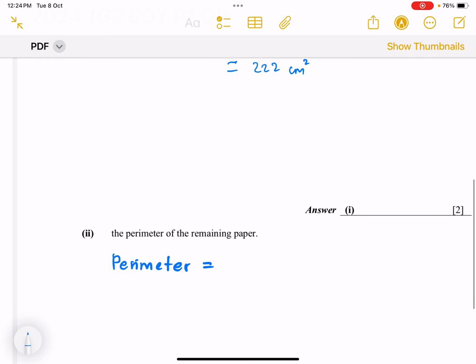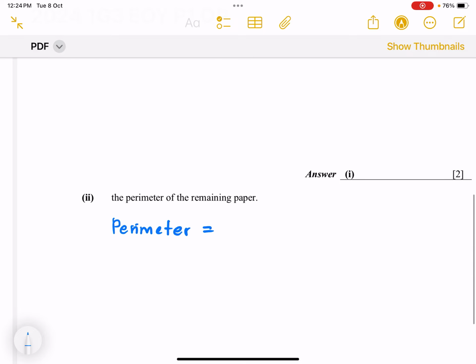In the next part, we need to find the perimeter. Now there is an outside perimeter, the external perimeter, and an internal perimeter. So the external perimeter is half of 2 pi r, and don't forget the diameter. And then the internal one is the triangle, which is 3 times 3.